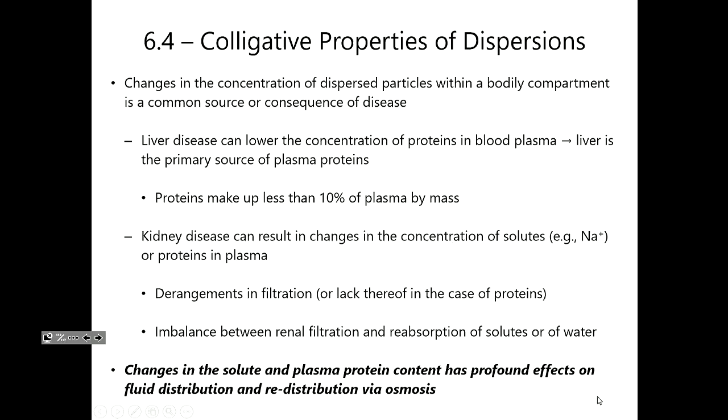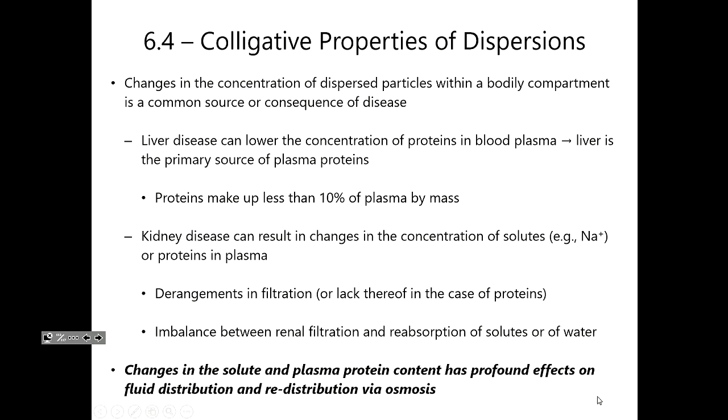Not only can they leak solutes, they can also leak proteins, and that can lead to imbalances between filtration, reabsorption, and all kinds of issues related to homeostasis of solutes and particles that are dispersed within your blood, and ultimately all of that can lead to severe changes in the redistribution of fluids, and that can of course then lead to exacerbation of the disease.